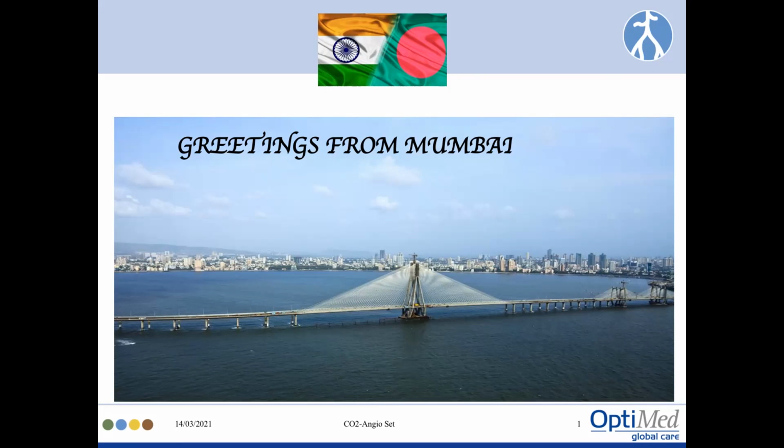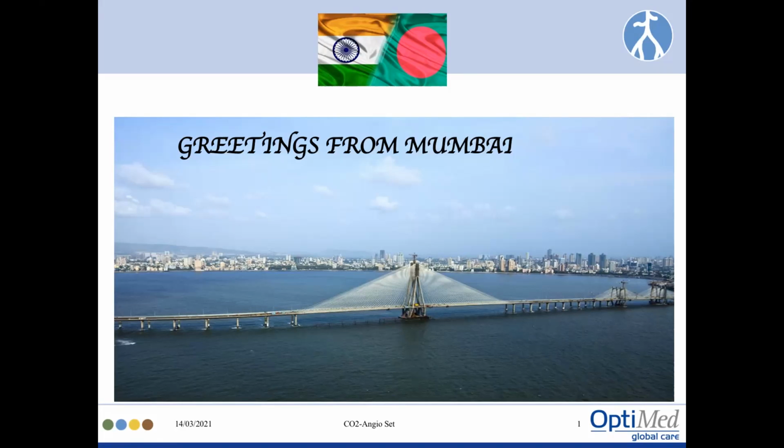That was really not something very exciting or attractive for the patient or for the doctor. And so the whole process of carbon dioxide angiography actually fell into disrepute and disinterest.